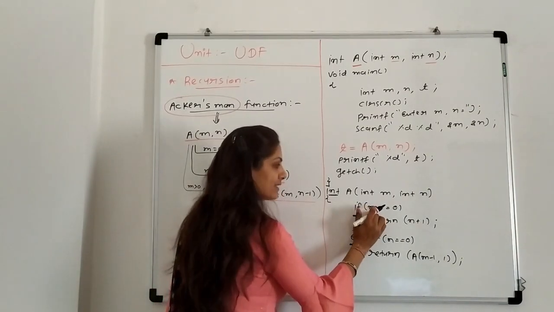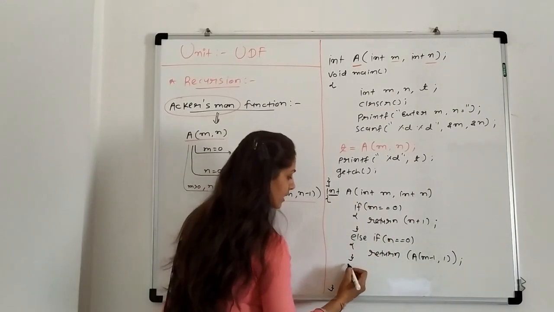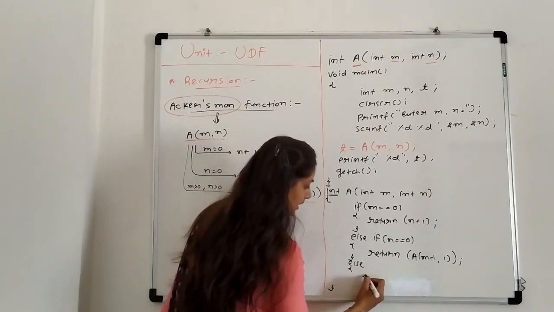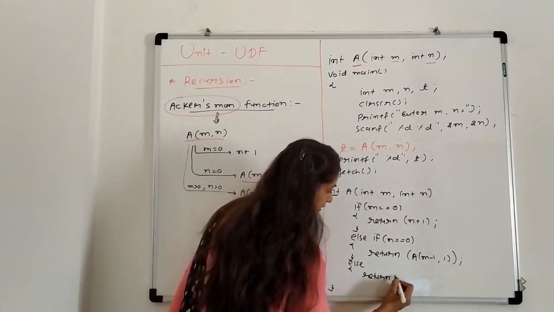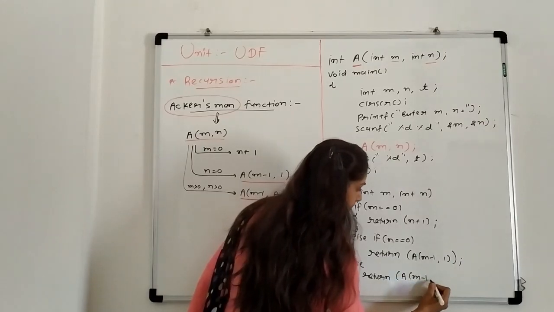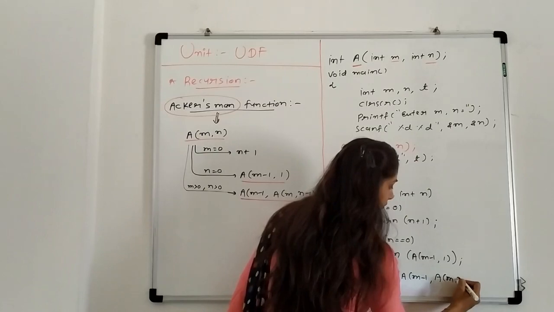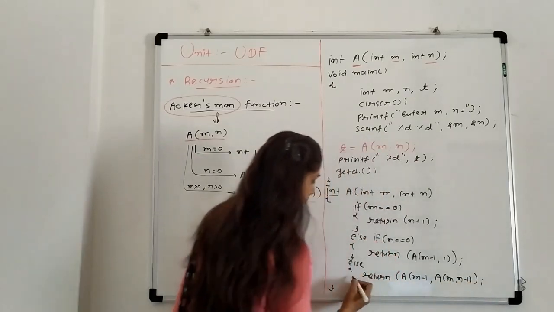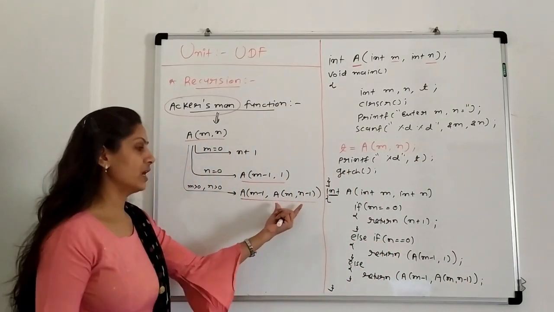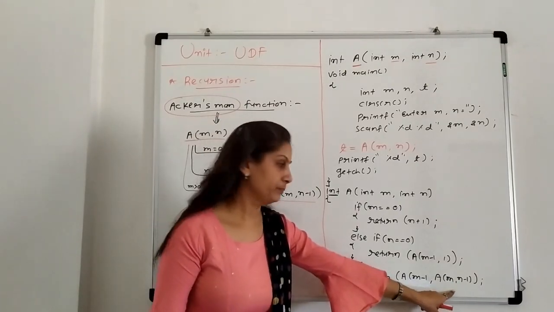So if m is not 0 and n is not 0, then go to the else part and it returns Ackermann of m minus 1, then again calls the function A with m, n minus 1. This is the formula which we are using in our program.